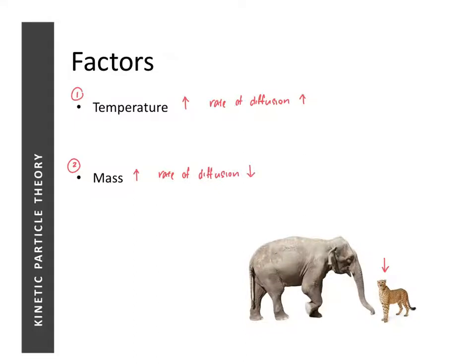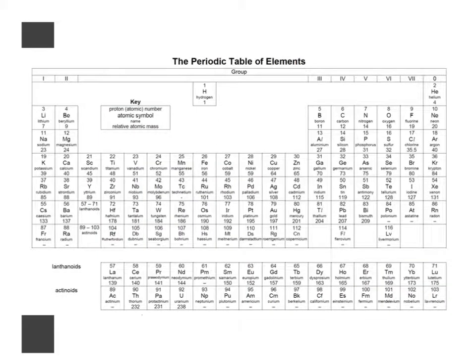So the natural question now is, how do we calculate the mass of a gas? We have briefly looked at it in the first chapter when we were deciding whether a gas is denser or less dense than air. So we're going to revisit that again. To obtain the mass of a gas, we need to refer to the periodic table.